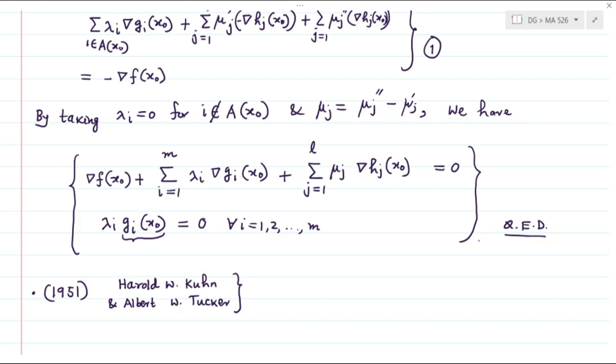In IIT BHU, we teach this Lagrange multiplier rule in the Mathematics 1 course. Or otherwise, if some of you are not from an engineering background, you must have gone through it in your BSc mathematics calculus course, applications of calculus. You recall that the Lagrange multiplier rule is applicable for equality constraints.